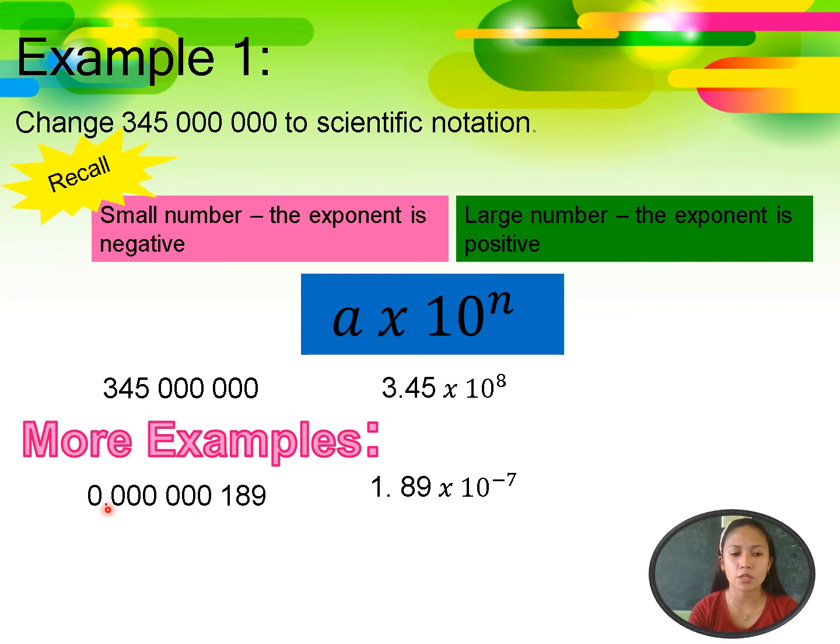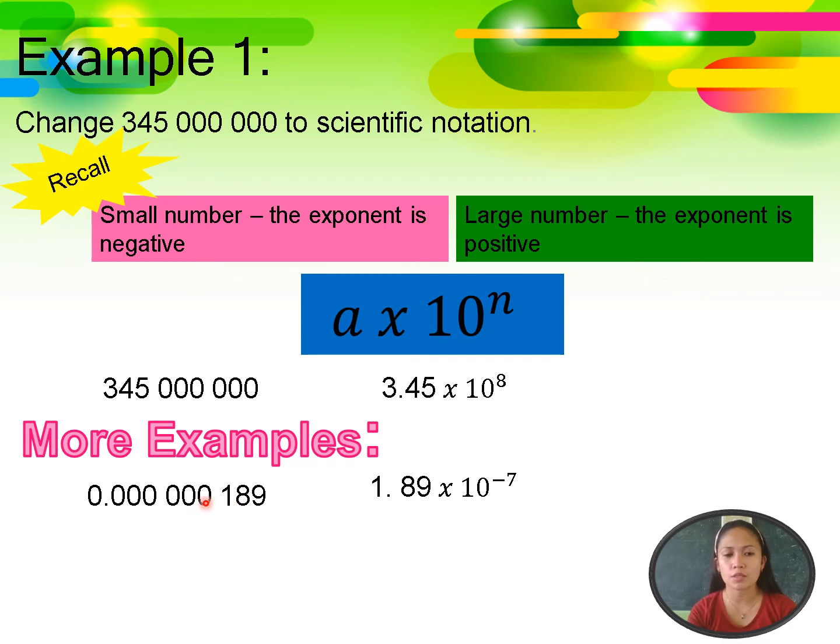So we have here the decimal point, and we'll find ways that our first factor should be equal to 1 or greater than 1 but less than 10. So we'll move to the right. 1, 2, 3, 4, 5, 6, 7. So we'll stop here. So that's 1.89. We'll write only the significant digits.